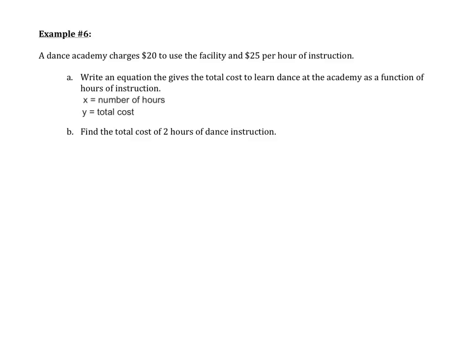So now let's actually find the equation. So it said you were charged $20 to use the facility and $25 per hour of instruction. I see that word per, just like we said in the last slide, that signals to me that would be the slope. So it's $25 per hour, so M is 25, and I was charged that $20 just for using the facility to begin with.